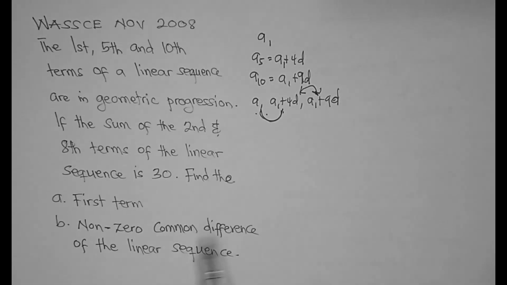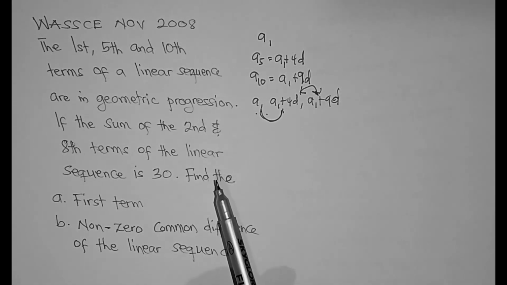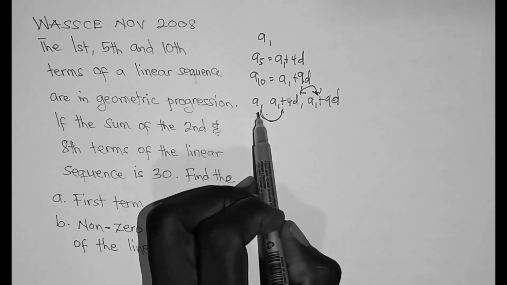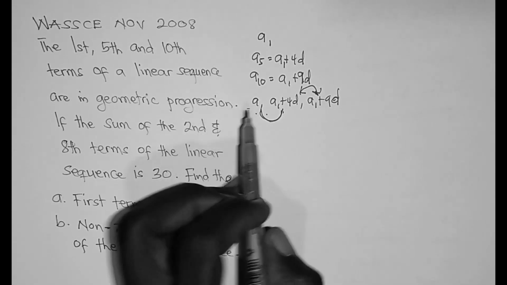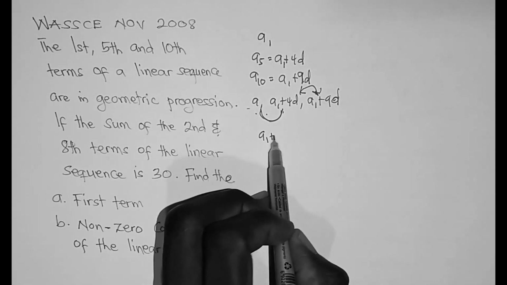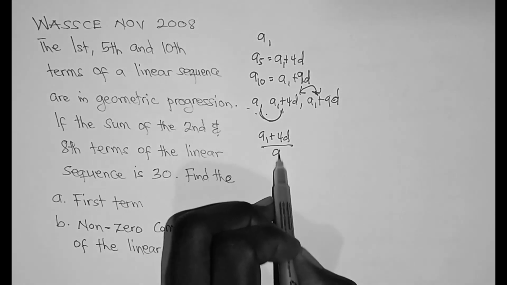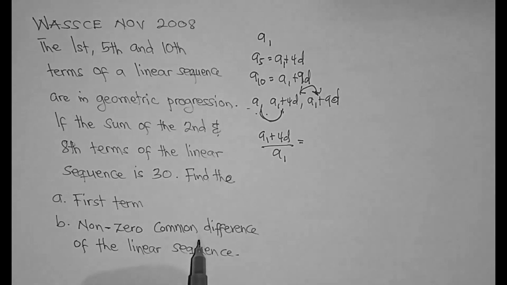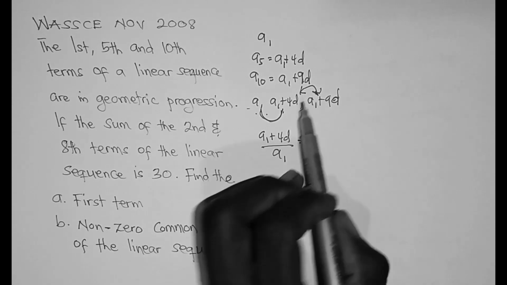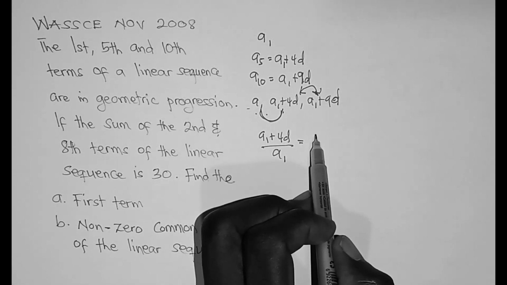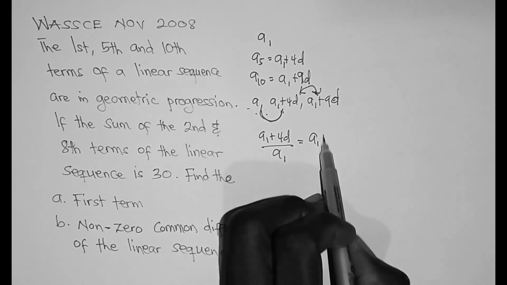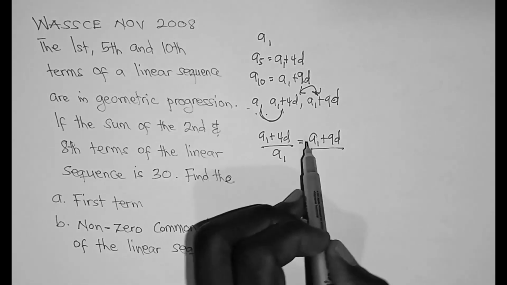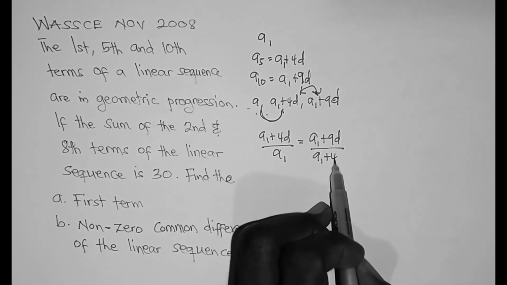This question is similar to the previous example. So therefore, the common ratio between these two is A1 plus 4D divided by A1. And this is equal to the common ratio between these two also, A1 plus 9D divided by A1 plus 4D.